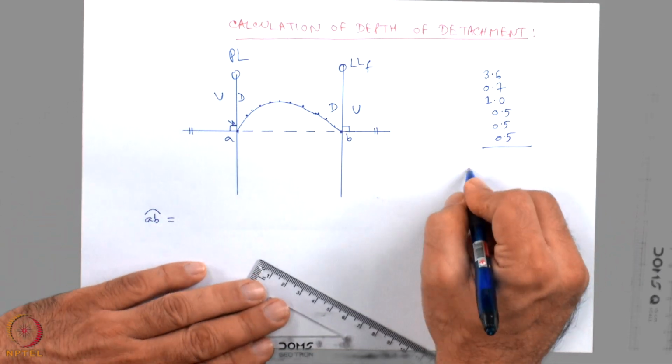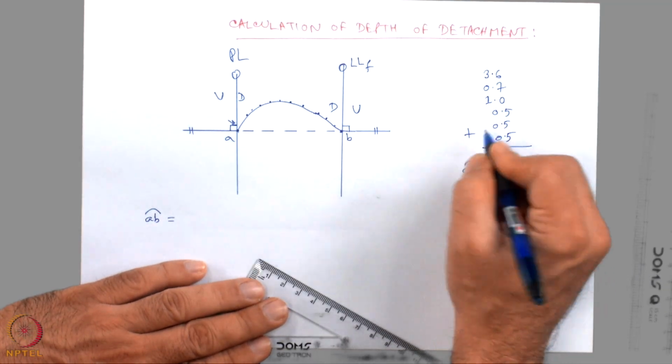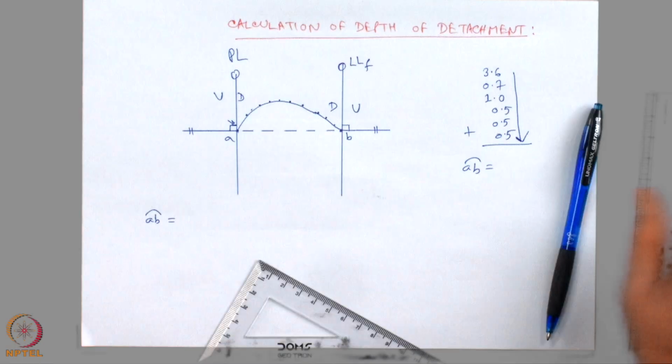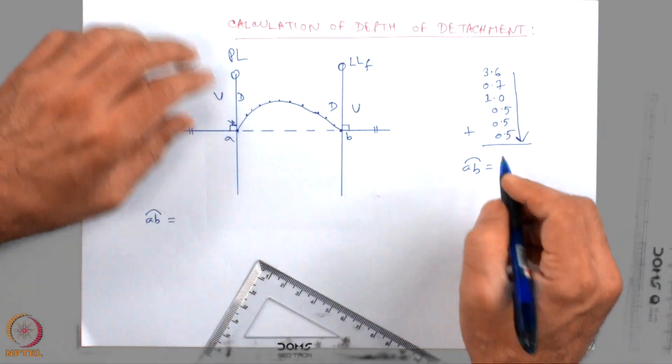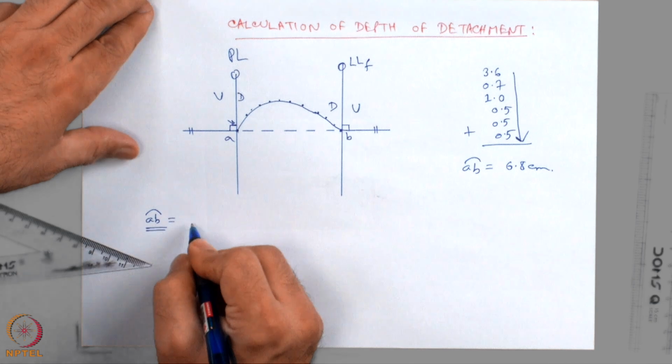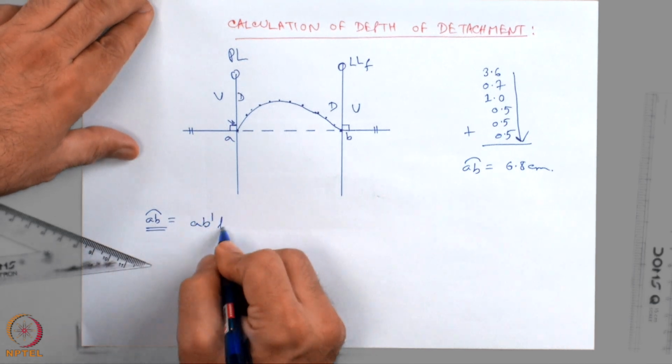So, the total curve length AB is obtained by summing up these numbers, which is equal to 6.8 centimeter. Unfold this layer as the AB dash line.